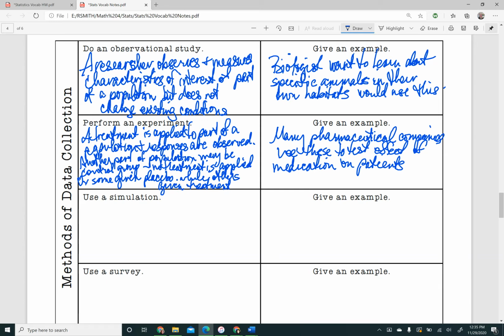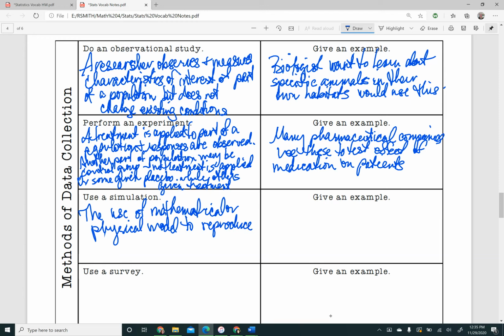We could do a simulation. This is the use of a mathematical or physical model to reproduce the conditions of a situation or process.